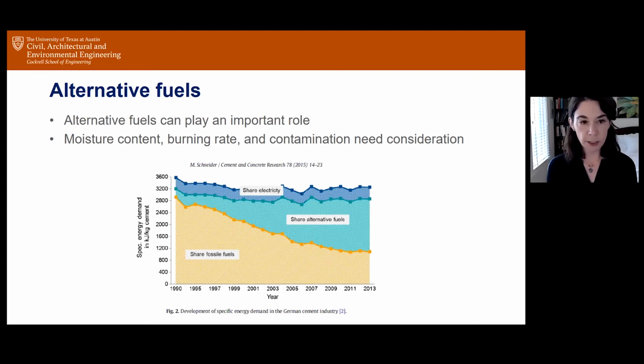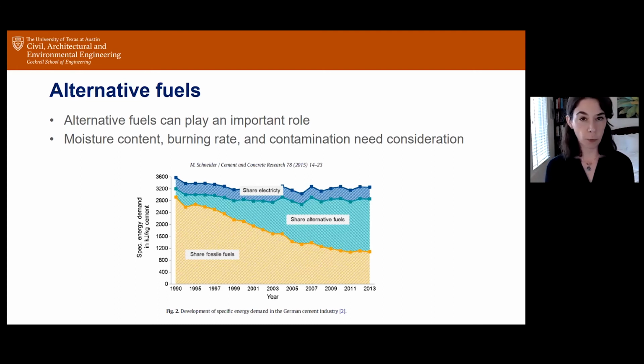The concept of alternative fuels are really quite important though. And what you can see is that in other countries, they're taking a lead compared to the US. Other countries are taking the lead and actually reducing the share of fossil fuels used to fire cement kilns and increasing the share of alternative fuels. And usually what's meant here is not necessarily what we've already discussed today. It's usually things like waste solvents or waste solids from other industries that are being used, which come with their own challenges.